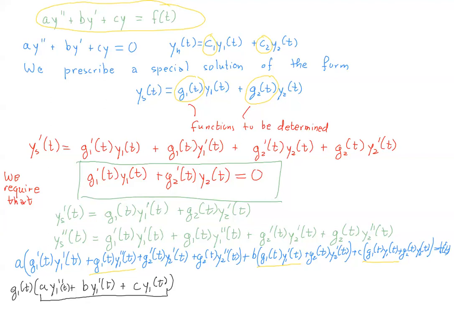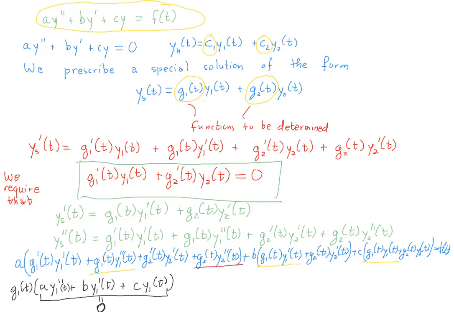And what was y1 to the homogeneous equation? How did we choose y1? y1 is not just any function, right? It's what? It's a solution to it. So what does it mean that it's a solution? This thing is zero. Okay, so it disappears. And for the same reason, if you do this with y2, what else are you losing?